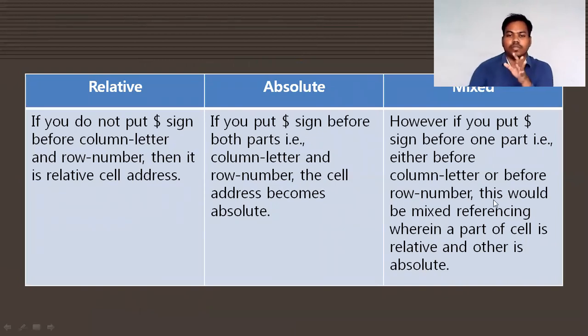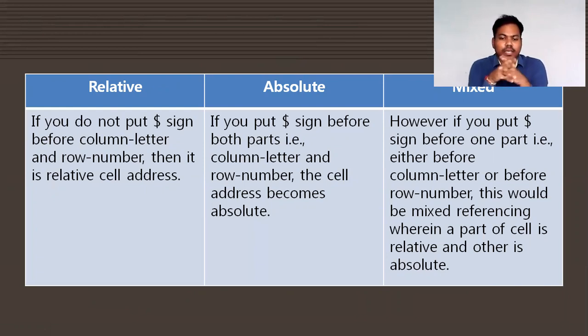Now what is the difference between these three? The difference is about the dollar. In relative references, no dollar is there, we directly write the cell address, and when we copy the formula it takes relative referencing. If you do not put a $ sign before the column letter and row number, then it is relative referencing.